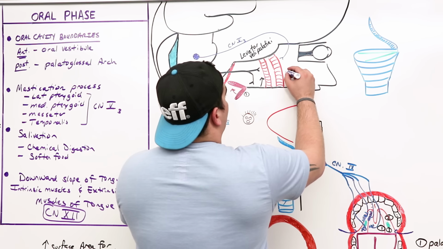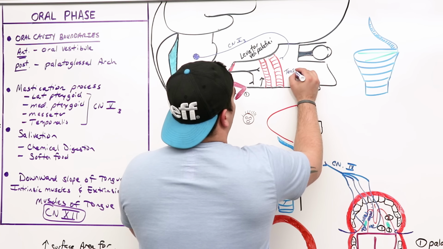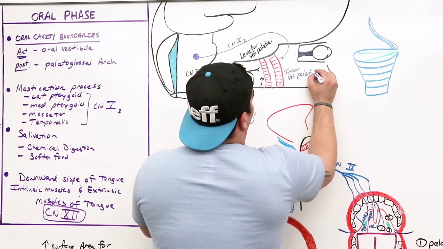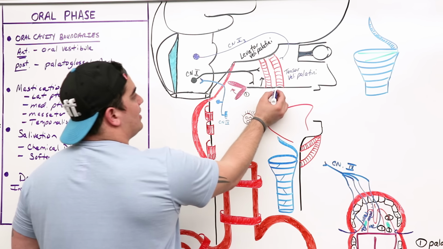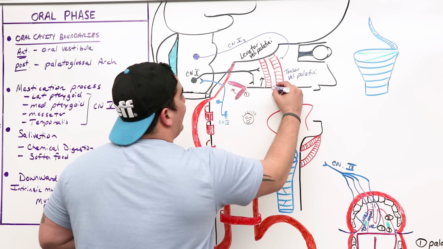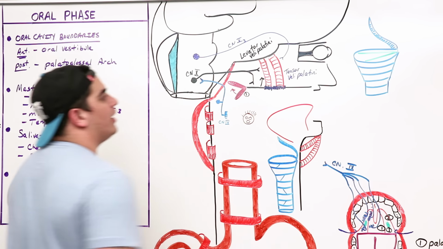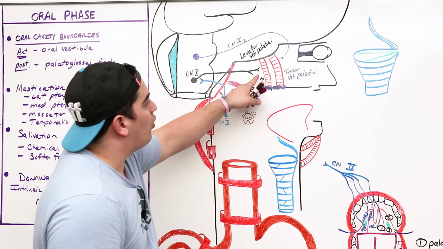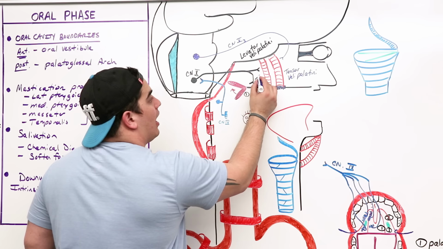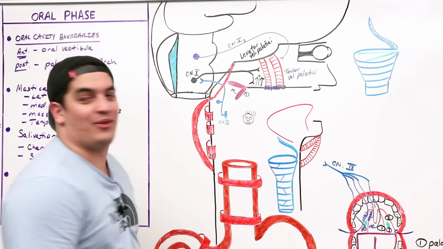This muscle right here is called the tensor veli palatini. And what this guy does is he tenses the soft palate. If you tense the soft palate, it's going to accentuate or enhance the action of the levator veli palatini. So now it's going to elevate the soft palate even more.